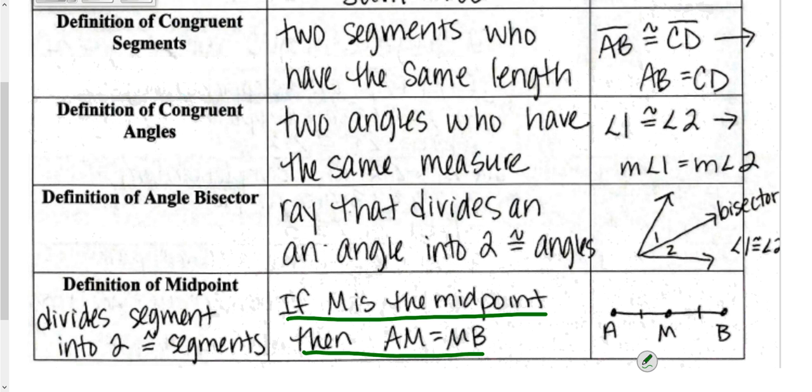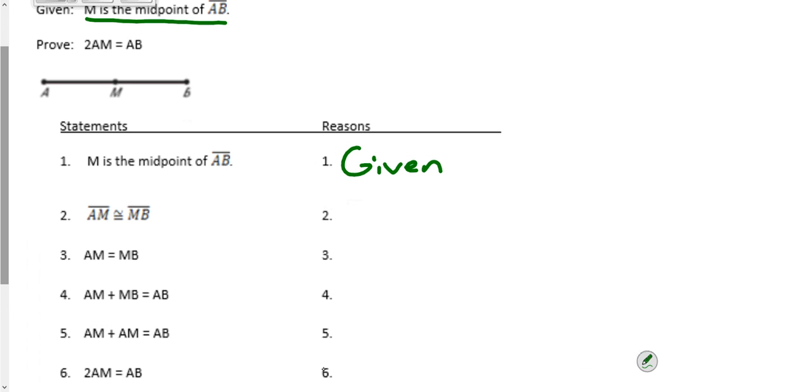So we're going from knowing that M is the midpoint to those two segments being equal. So this is our definition of a midpoint. So we know that those are congruent now.